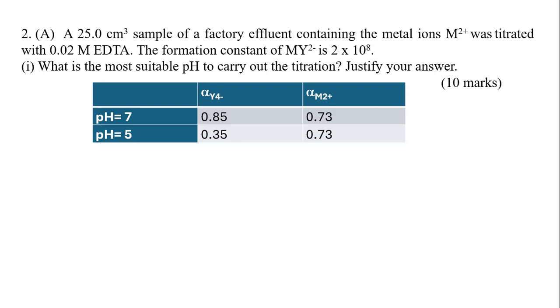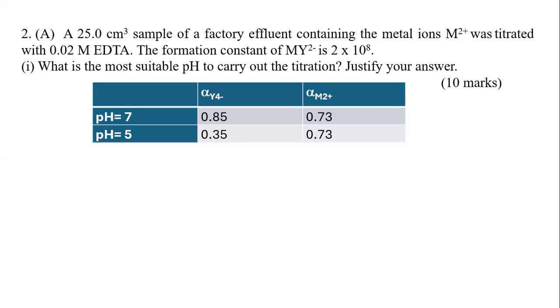Very good. Then Gibbs free energy equals minus RT ln K'MY. So if the conditional formation constant is high, we get a high negative value for Gibbs free energy. That means the feasibility of the reaction is high. So we can say that a suitable pH is 7 for this titration.